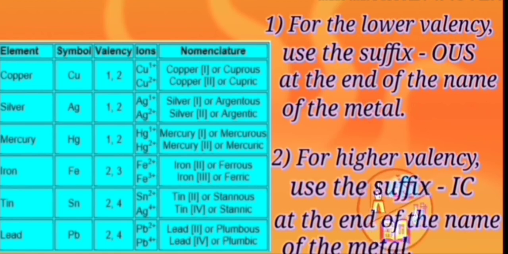Here in the example you can see copper, its lower valency is 1, so accordingly it is named cuprous. Its higher valency is 2, so it is named cupric. And it goes on. Argentous, argentic. Mercury, it is mercurous, mercuric, and so on.